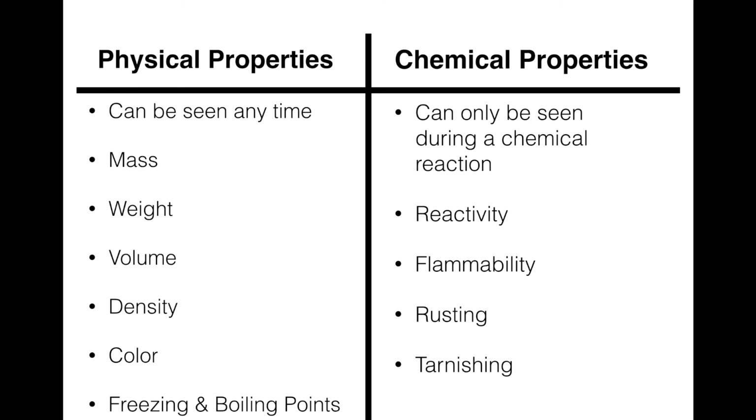Remember, reactivity is just the ability to react and form new substances. Flammability is reacting and forming fire. Explosiveness, the ability for something to explode, would be another chemical property. Rusting, the conversion of iron to rust, is a chemical property, as is tarnishing, when other metals form that splotchy covering, or the patina with copper, which turns green.